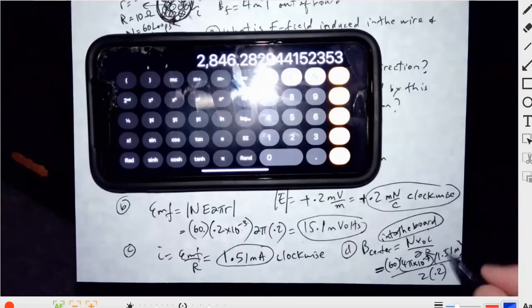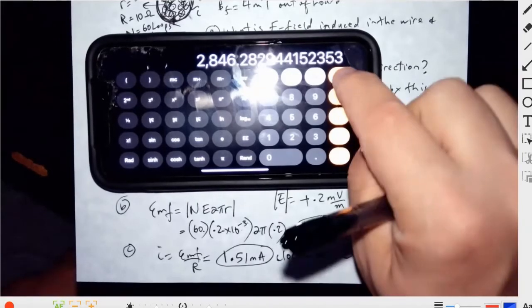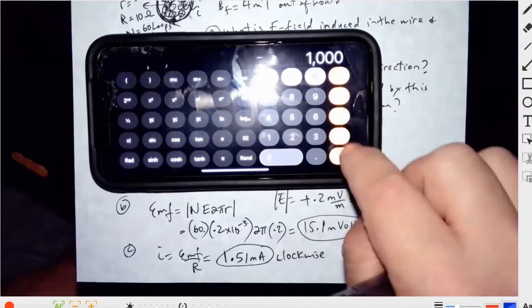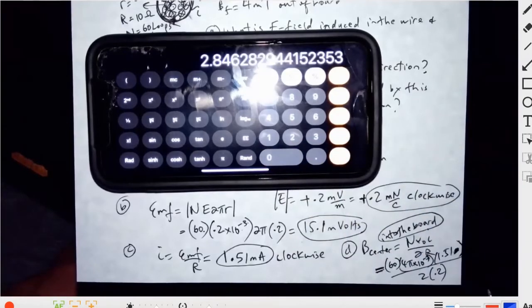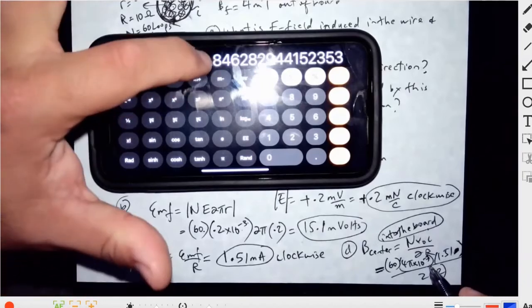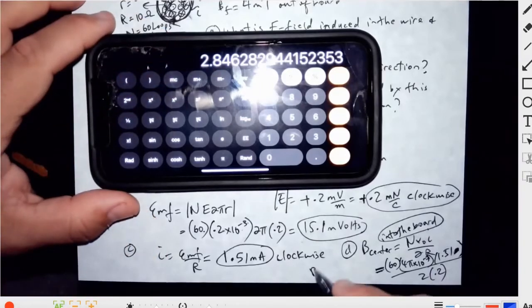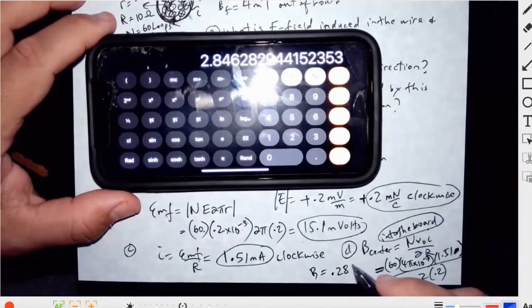Okay, but then I've got the milli, which is going to be divided by 1,000. Then I could go back one more space and write B as 0.285 microteslas into the board.